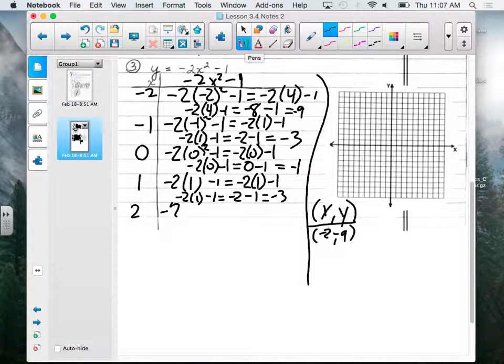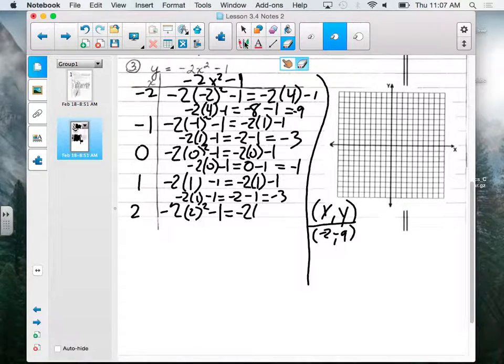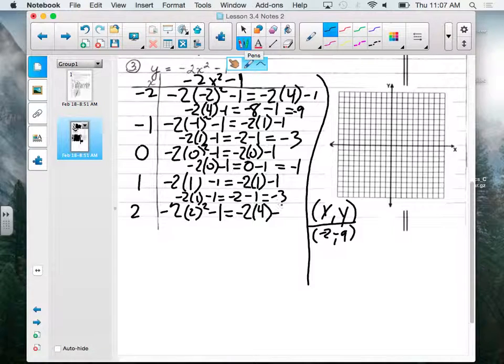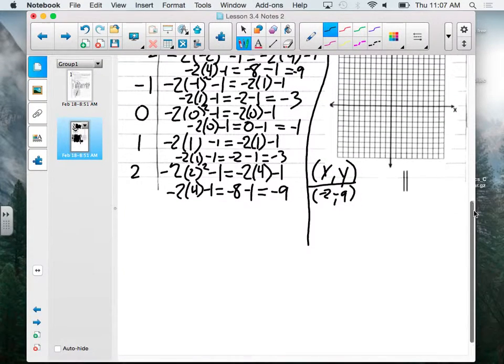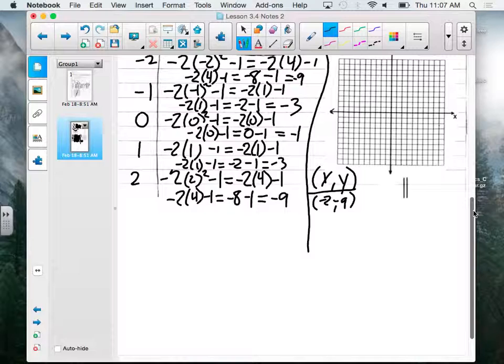Last one. All right. So then, after we figure out or do all of our math, we write our ordered pairs.